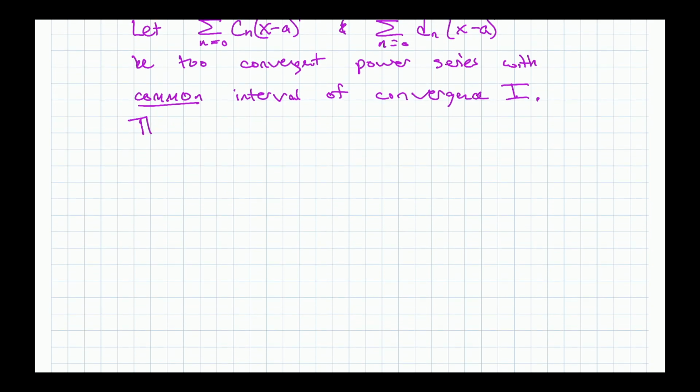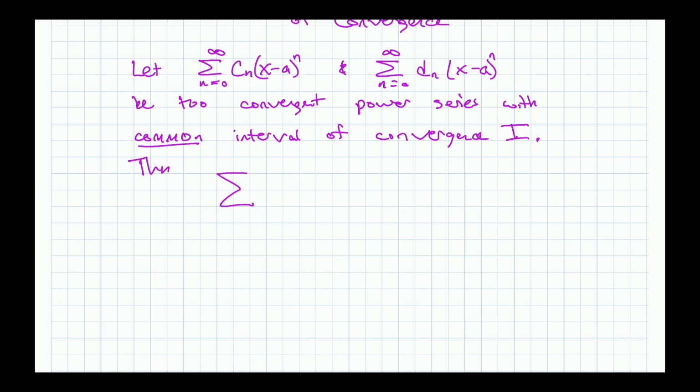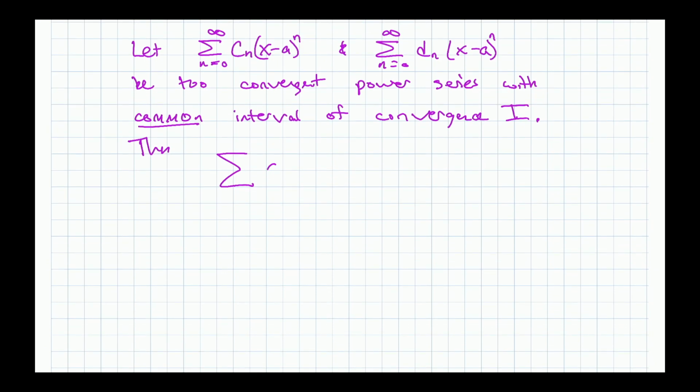Then what you could do is take these two series together, just put them together like this: Cn (x minus a) to the n plus dn (x minus a) to the n, all in big parentheses.